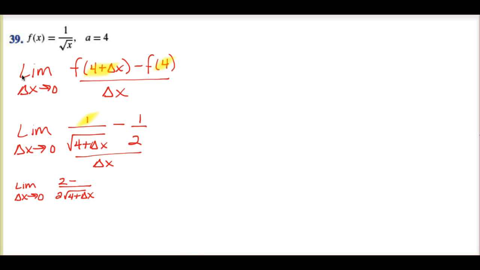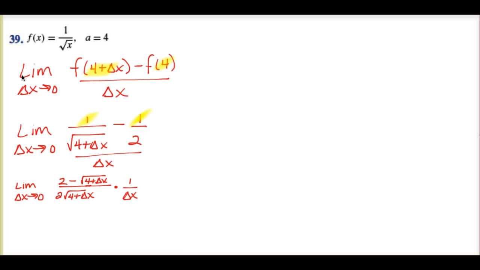And then I'm going to have to multiply this numerator by the square root of 4 plus delta x. And then instead of dividing by delta x, I'm going to times by 1 over delta x.